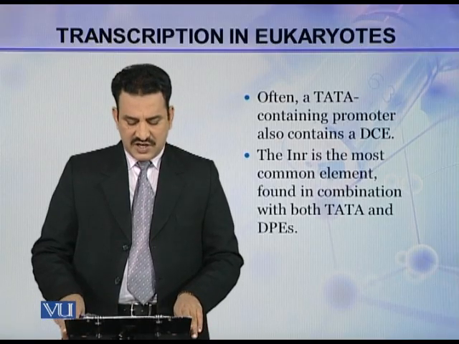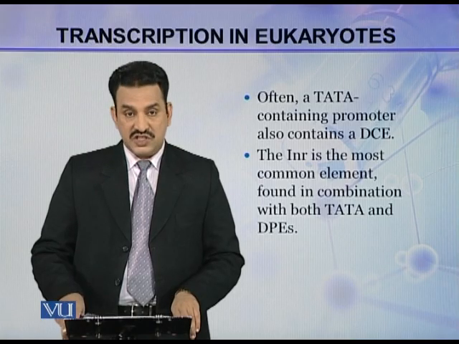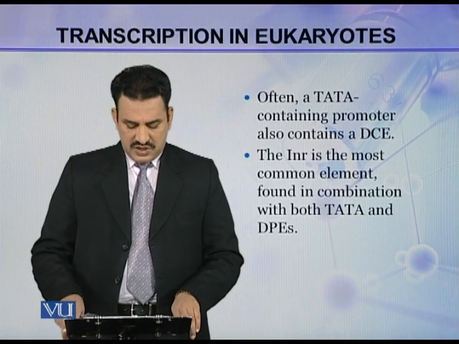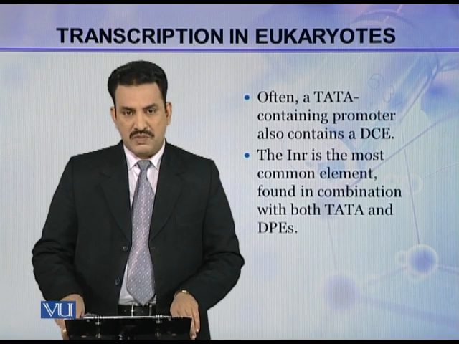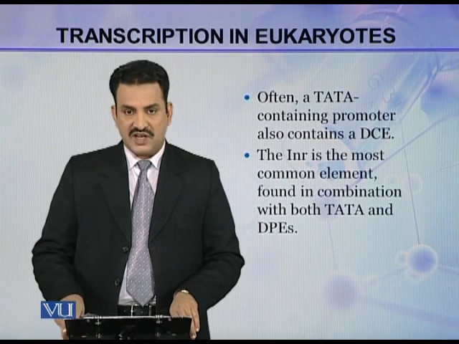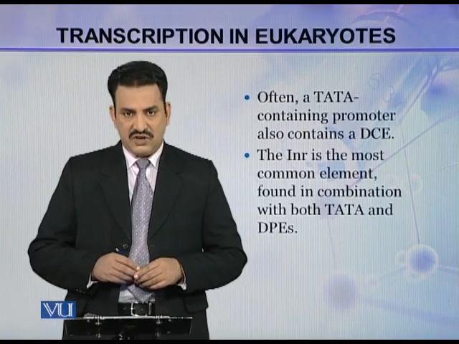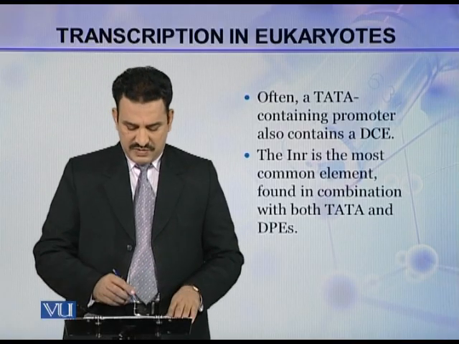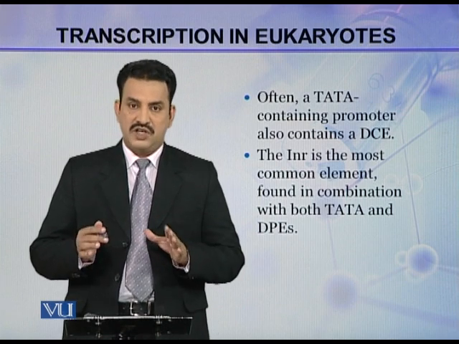Often a TATA containing promoter also contains a DCE. The INR initiator is the most common element found in combination with both TATA and DPEs. So this INR or initiator is the most common element found in combination with TATA and DPEs.